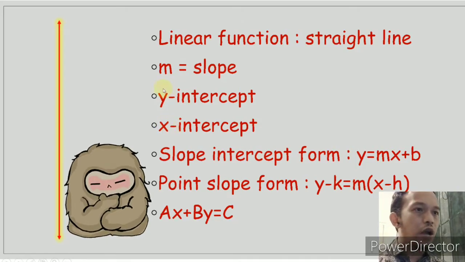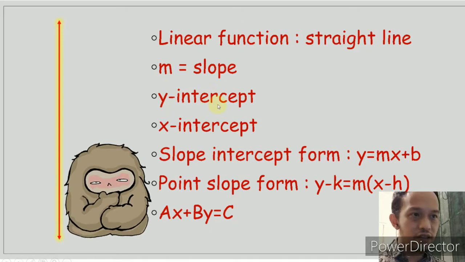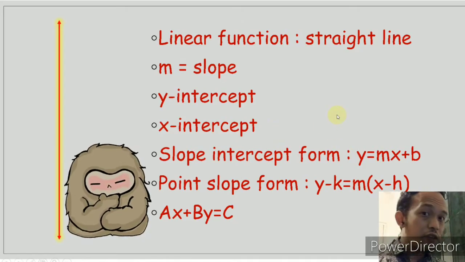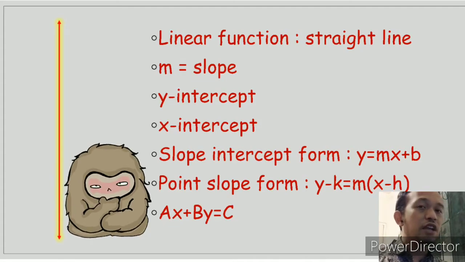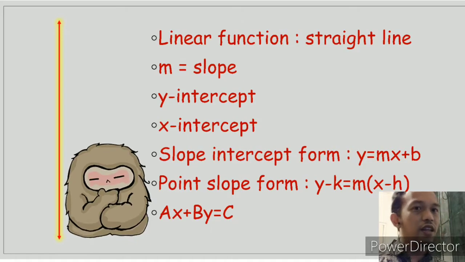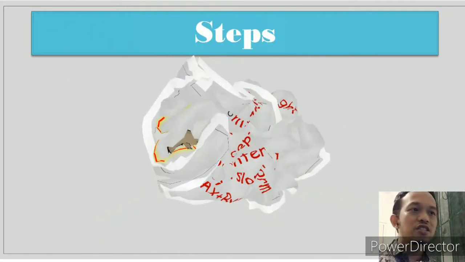The y-intercept represents the dependent variable intercept, and the x-intercept refers to the independent variable intercept. But later on I will discuss this. So don't forget everything that you've learned so far, since we have to translate real-world problems into this mathematical language. Let's go to the steps.